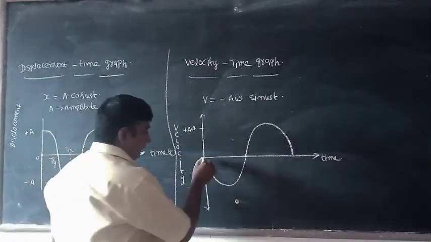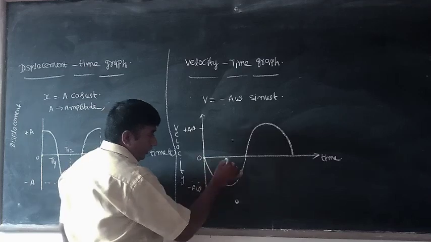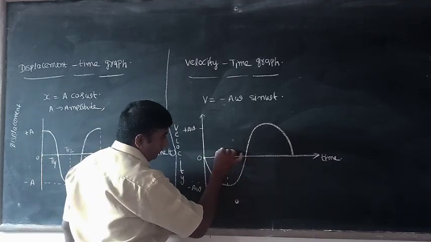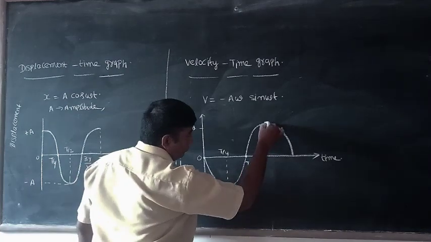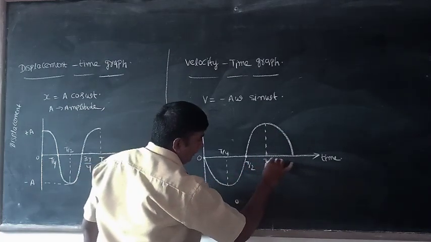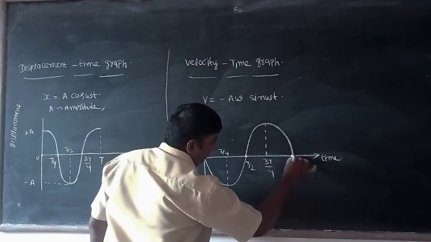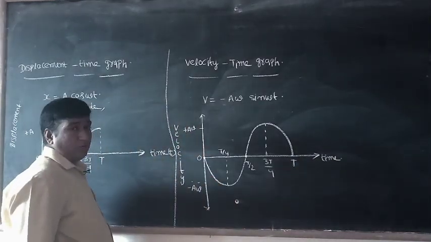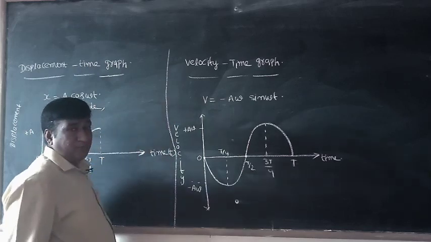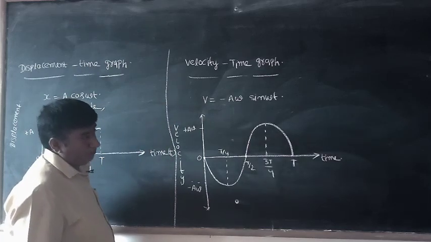Here t by 4, here t by 2, here 3t by 4, and here the time period. With the help of this, we can represent the velocity time graph.